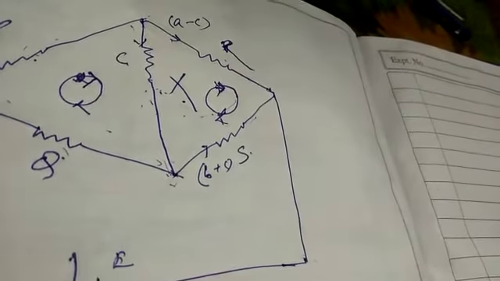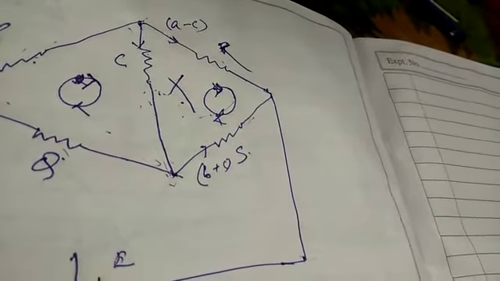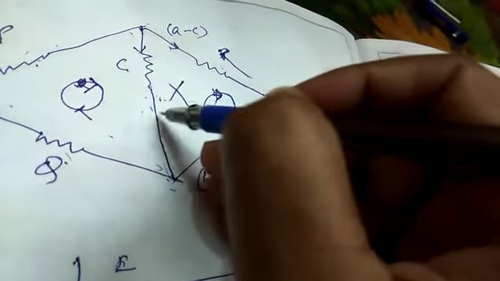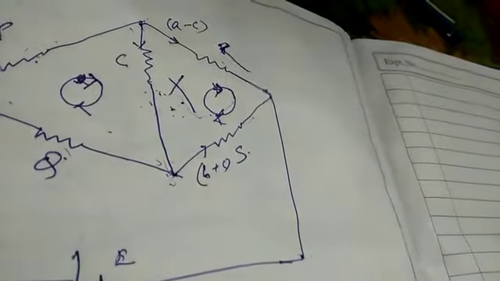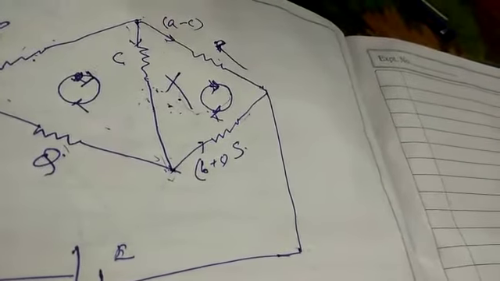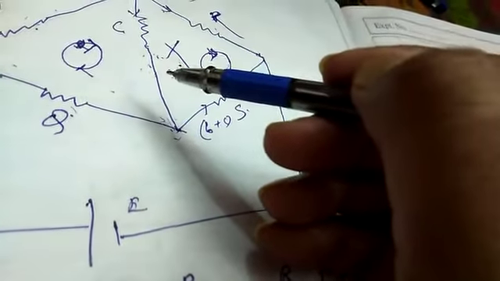So it is minus S into B plus C. And for this resistance, current and loop are in opposite directions, so it is going to be minus C into X. That is equal to the sum of the EMF, and since there is no battery connected in this loop, the sum of the EMF should be 0.